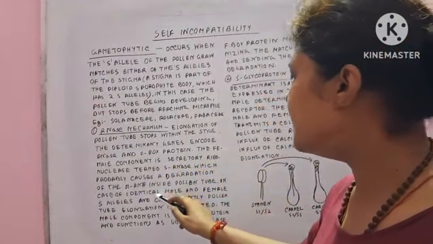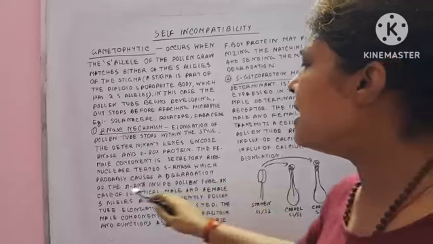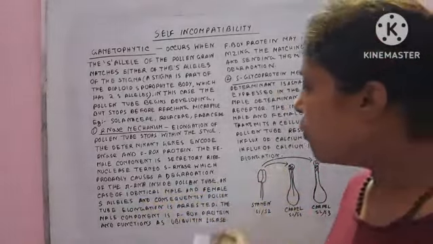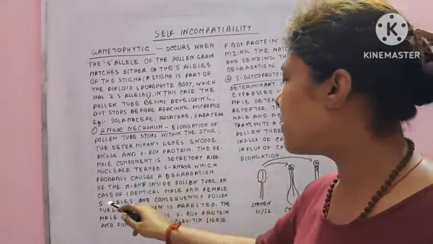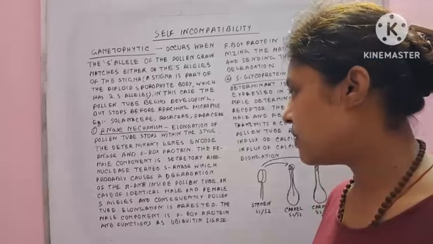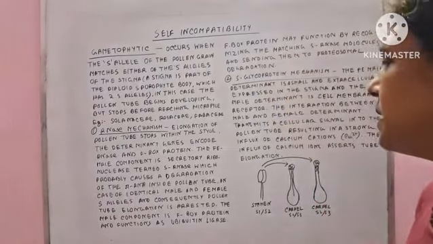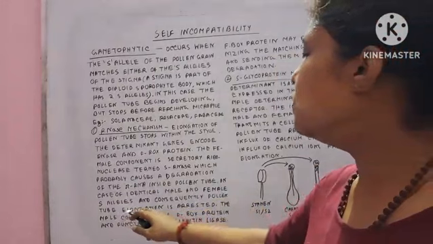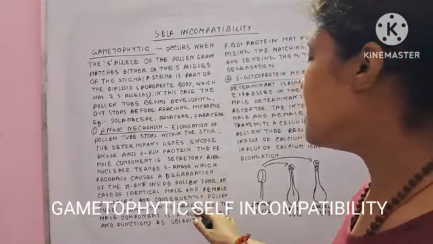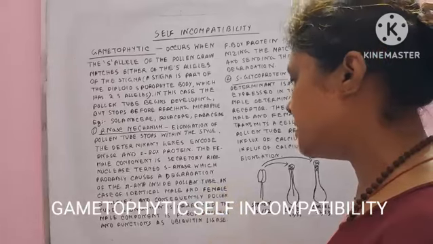This happens in case of identical male and female S alleles, so it is only possible where the same type of S alleles are present in the male and the female gametes. Then the pollen tube elongation, which is needed for fertilization, is arrested.